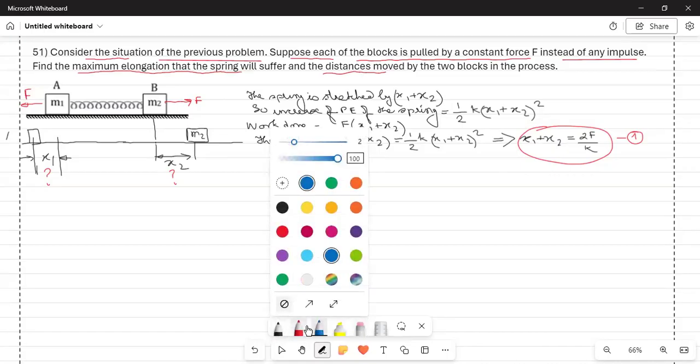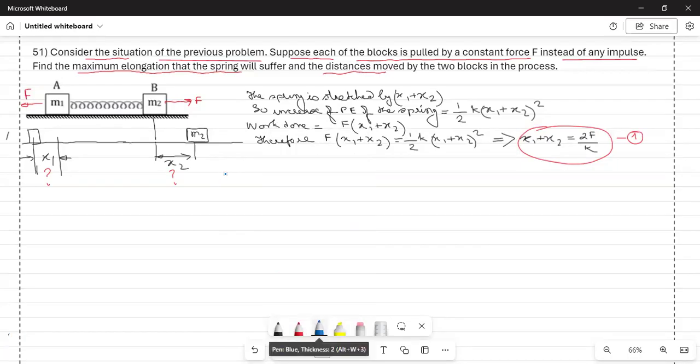That will be easier. Say the forces are applied for a time del t.